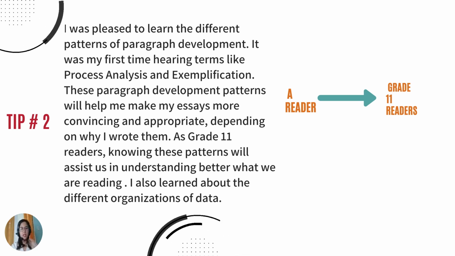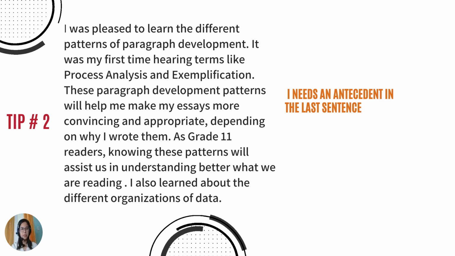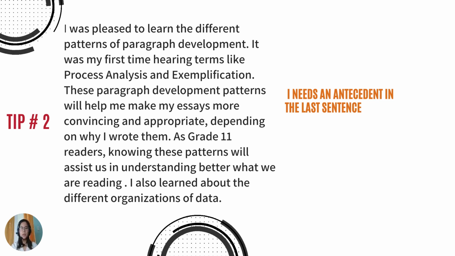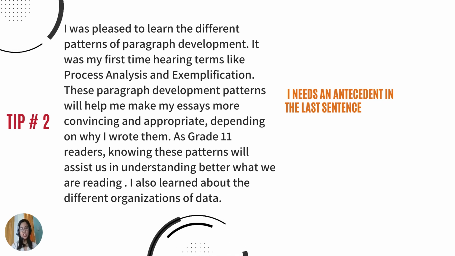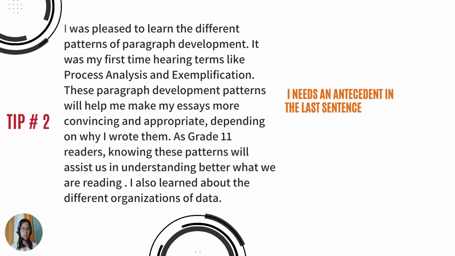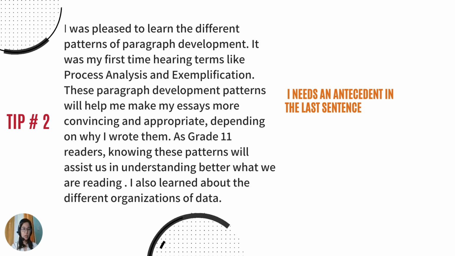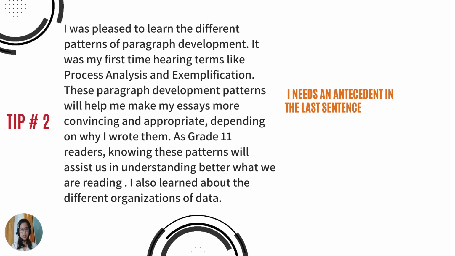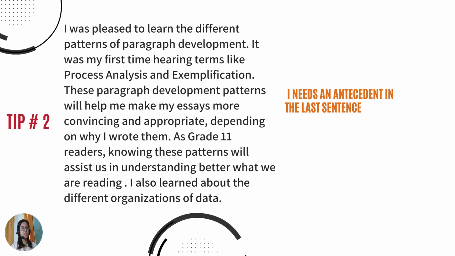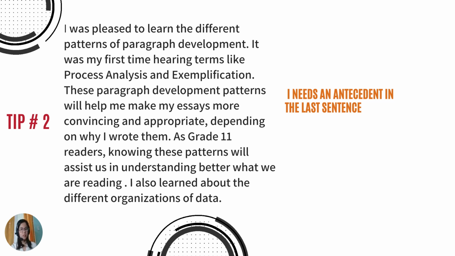But in this case, if we do this second correction, we also need to change the last sentence because it uses again the pronoun I, but we need to provide the antecedent for the particular pronoun.